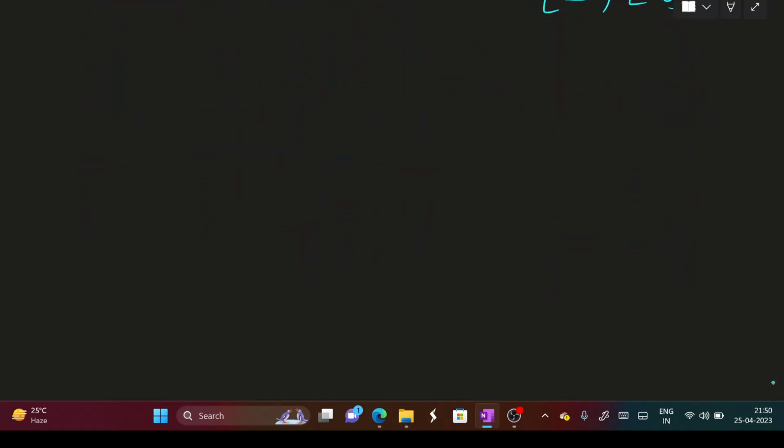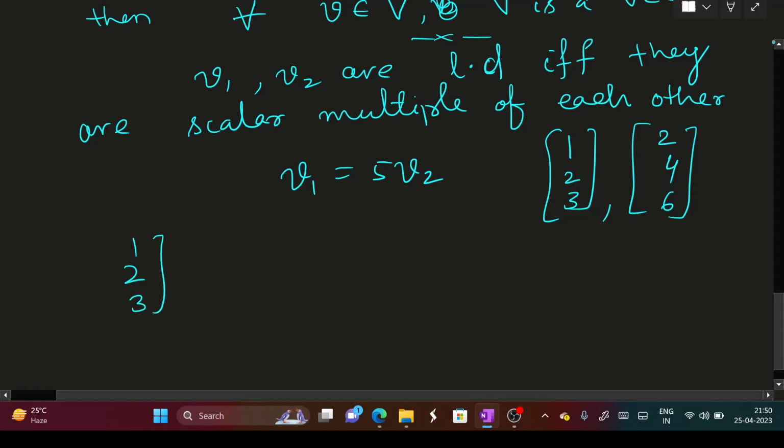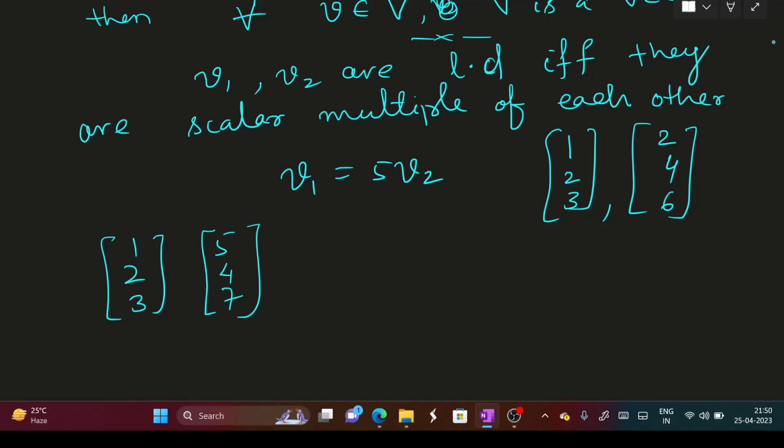Next is, what about independent? Two vectors are independent, that implies they don't have any linear relation between them. For example, (1, 2, 3) and (5, 4, 7). Here, this is my V1, this is my V2.